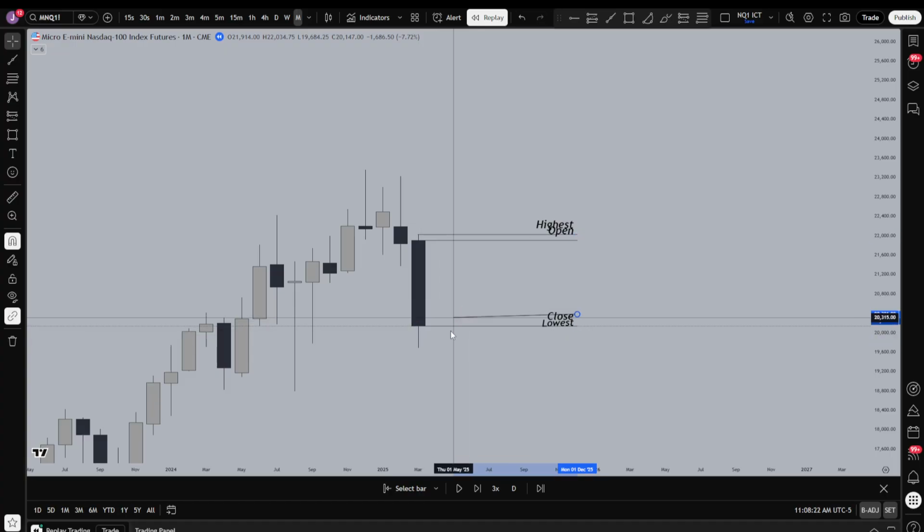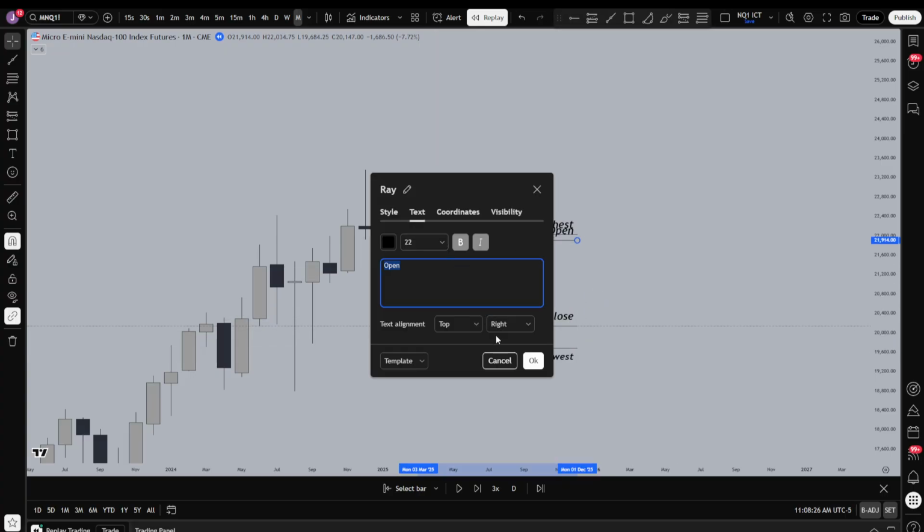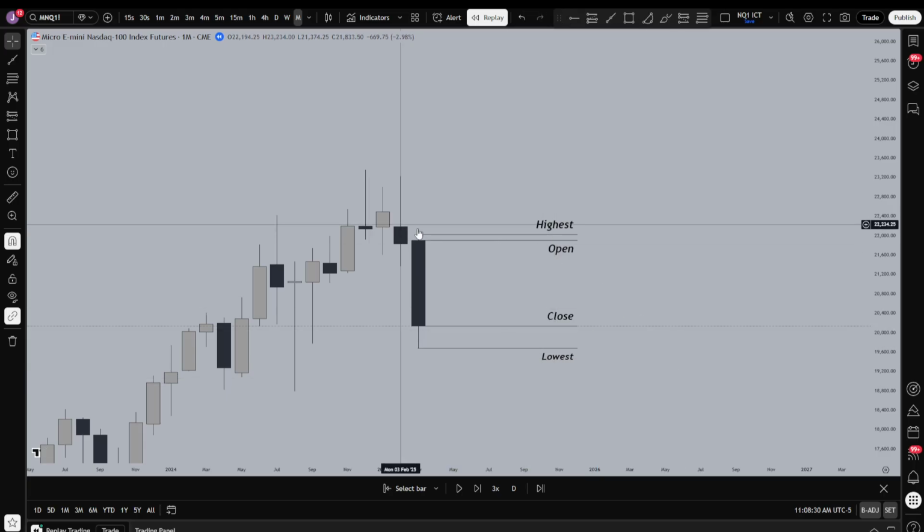That's close, lowest. So if you want to, maybe jot down in your notes what every candlestick looks like, and then do the drawings of what I had, the green and red, and label highest, open, high, low, close. So that's basically how we talk about it. Open, high, low, close, and then open, low, high, close.